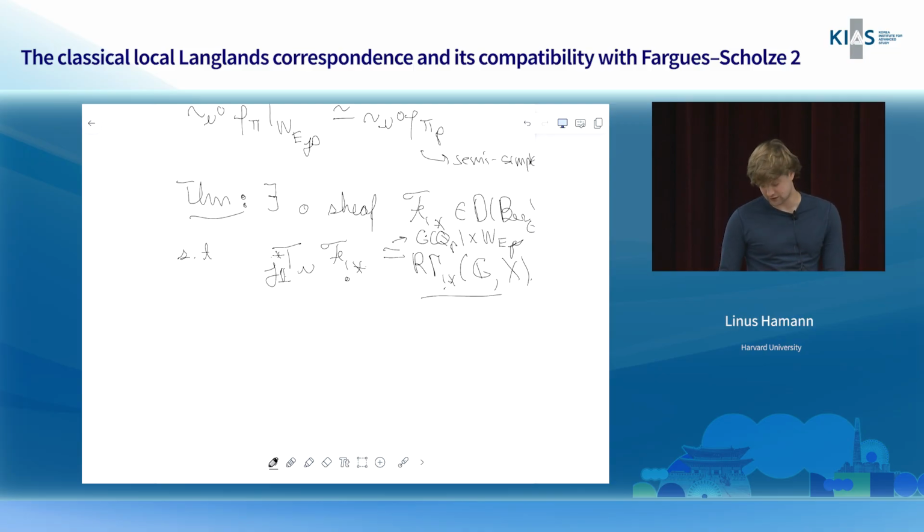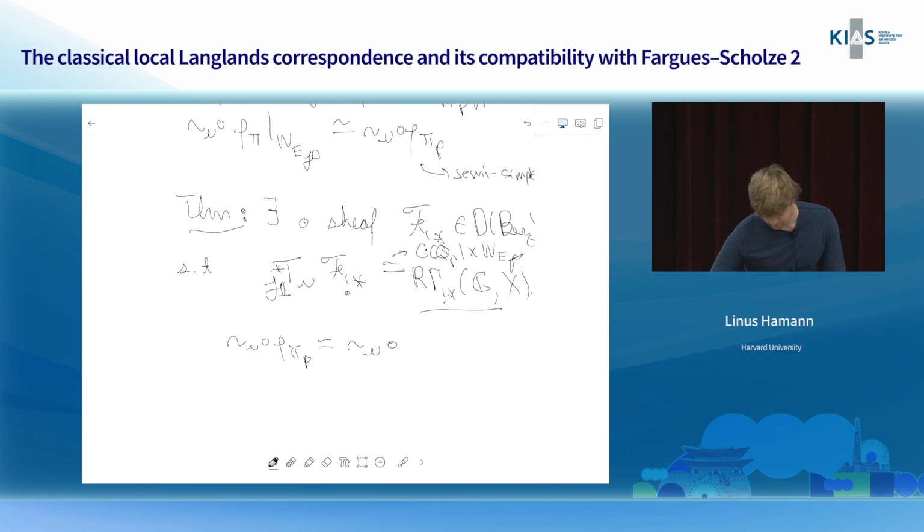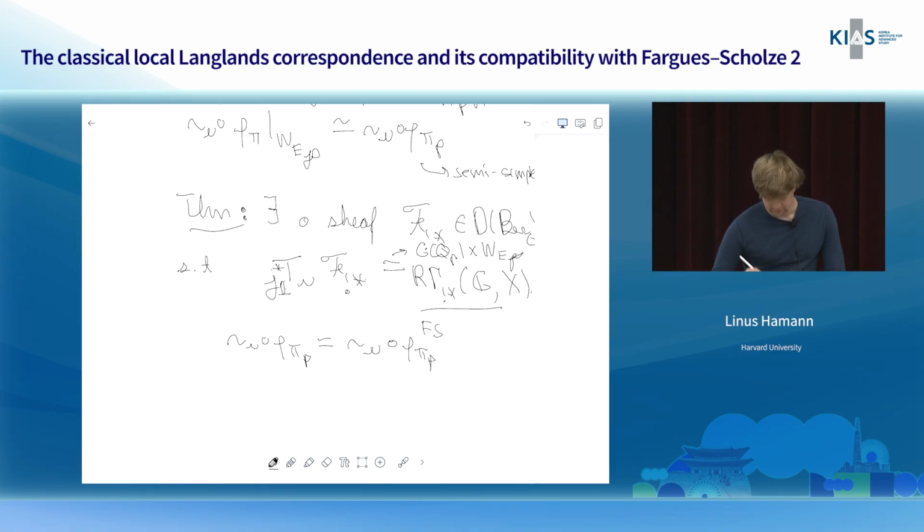But you can do this, and then once you have this, you can just do the same logic that we applied before, so you know that R mu composed with pi p is the same as R mu composed with phi rho p Fargues-Scholze. If you really do this carefully, you need to pass to semisimple quotients, so you really see this semisimplified parameter here.